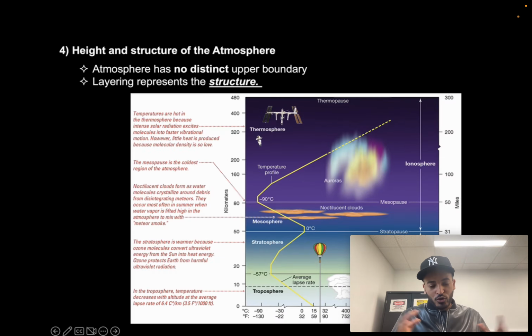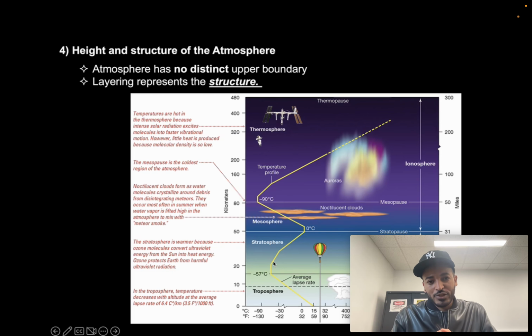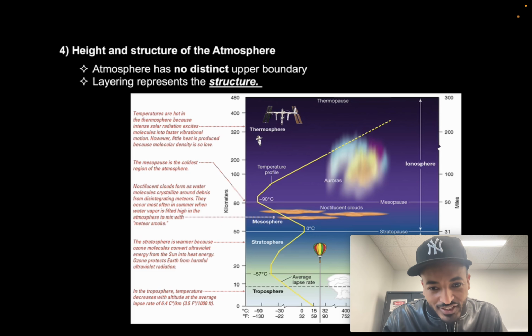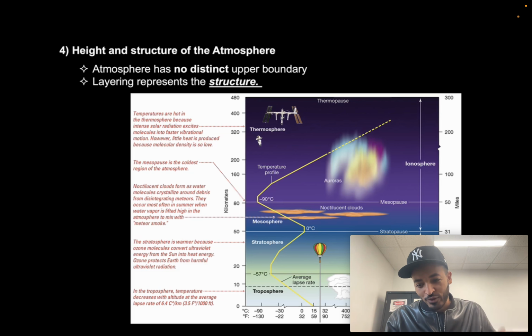So why is the ozone important? Because it absorbs, it traps the heat that comes in the form of UV radiation, and it ends up warming the surroundings. So relatively speaking, the temperature doesn't really cool as we go higher and higher in the stratosphere because of the ozone layer.